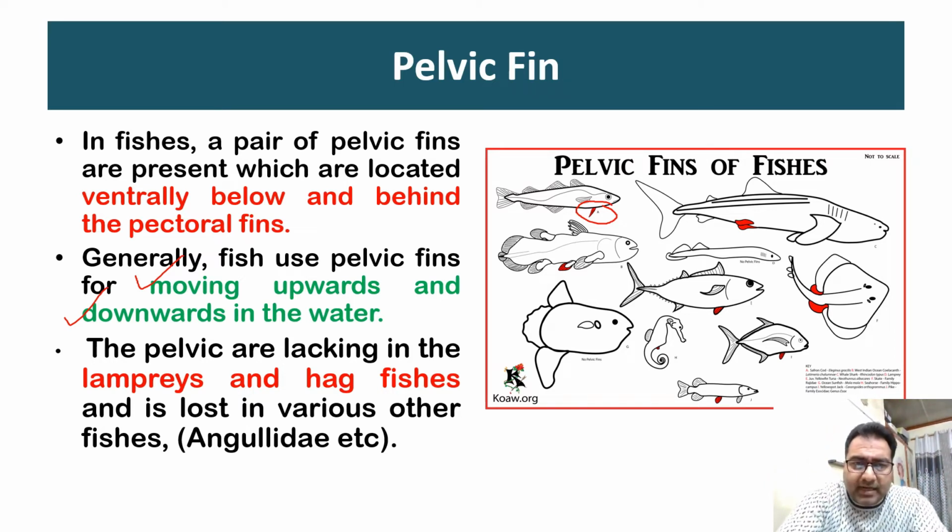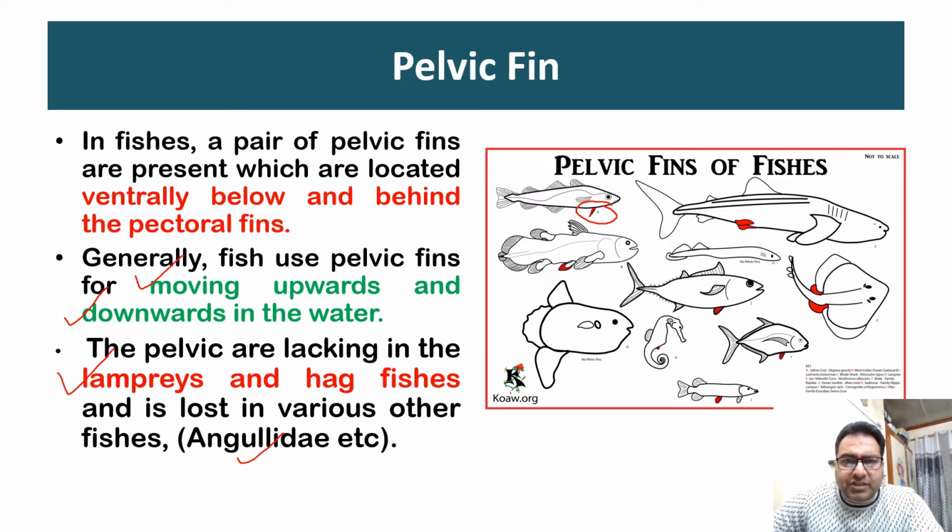The pelvic fins are lacking in lampreys and hagfishes. They are also lost in anguillidae, the snake-like fishes, that is eels. In them also the pelvic fins are not present.